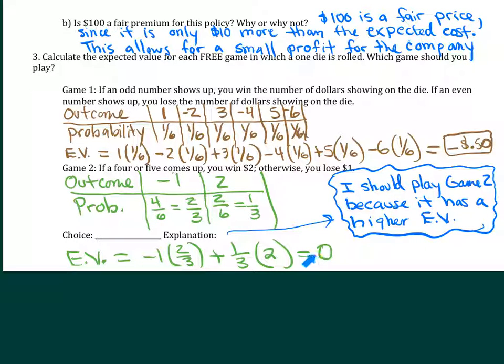That's what the 0 means. So, which game should you play? You should play game 2, because at least you break even. If you play game 1, you're expected to lose 50 cents. So I would play game 2 because it has a higher expected value.